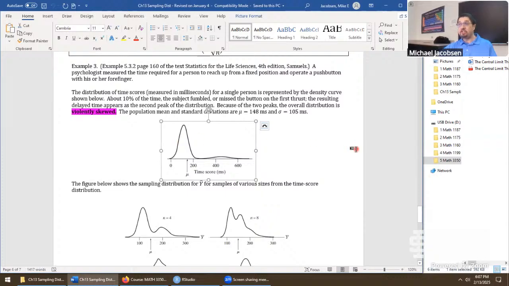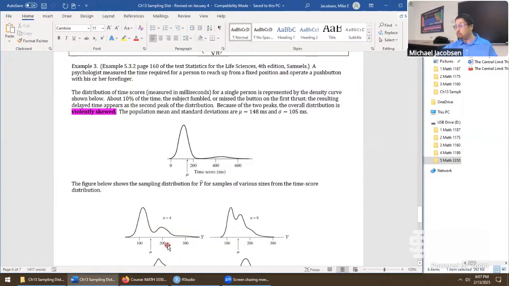So this is how the population is distributed. And if you take samples of size 4 from that population, calculate the mean, and then do this over and over and over again, you get this as the sampling distribution. What they did was they ran this through a simulation, obtained a histogram, and just found a nice smooth curve that modeled the actual peaks in the histogram.